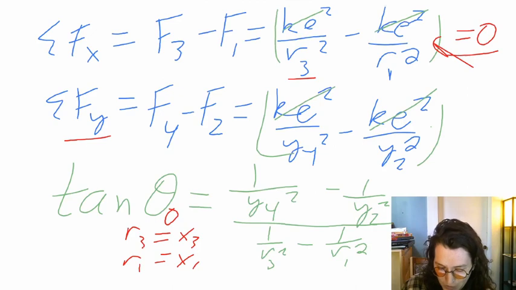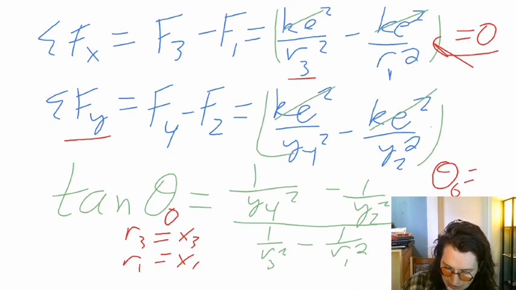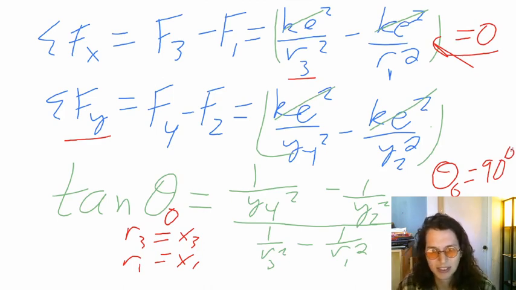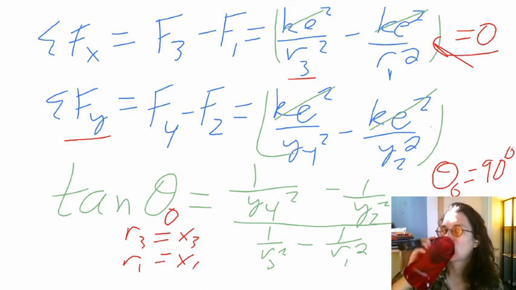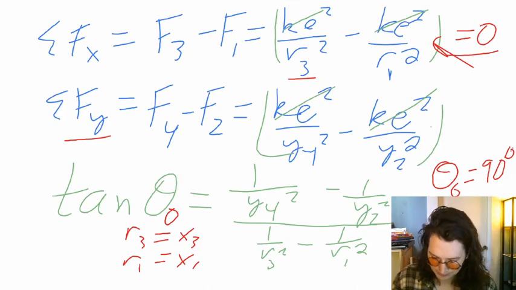I'm going to proceed with the knowledge and the realization that theta naught is straight up, which is 90 degrees. If it were the other one, if it were straight down, then theta naught would be 270 degrees or negative 90 degrees. Okay, so I have my theta initial.